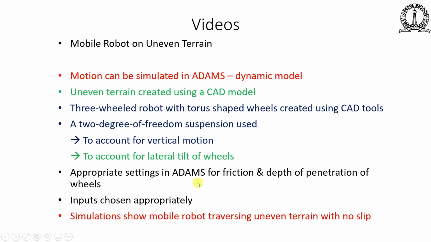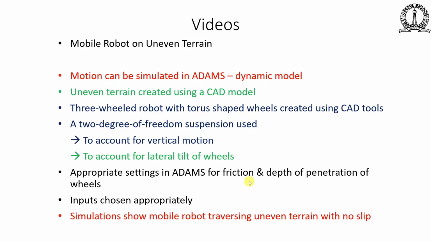So you choose appropriate settings in Adams. You need to play around with Adams because you need to set the friction and something called the depth of penetration of the wheels. That is the way Adams works. You need to make sure that the wheels are always in contact with the uneven terrain by giving this depth of penetration, and also you have to specify a friction.